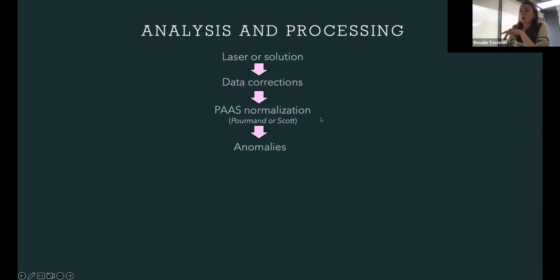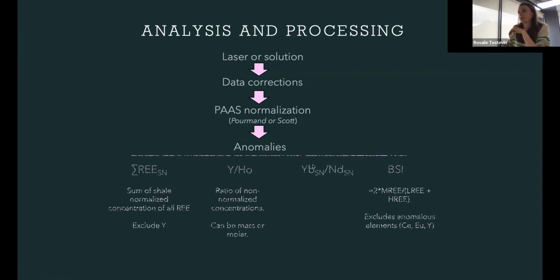Then you have to normalize to shale, PAAS. And then finally, as well as plotting the patterns, you have to start calculating some anomalies. So here's some common ones, but there's actually loads out there. You can get really carried away with doing ratios of all kinds of things. But the most important are the sum of the rare earth element concentrations.